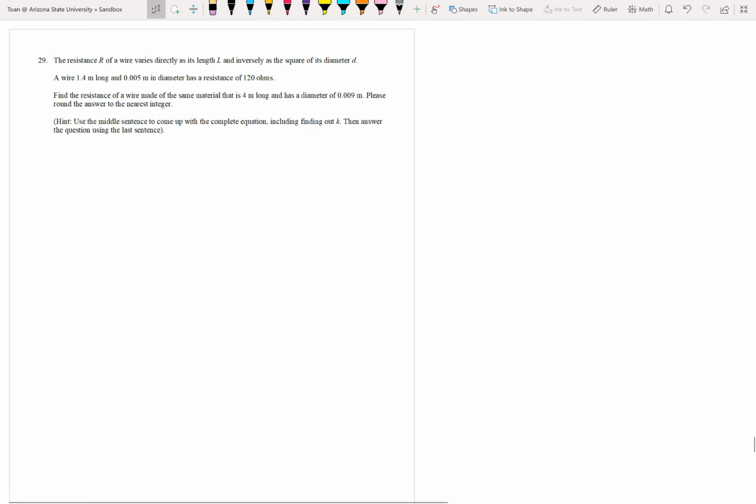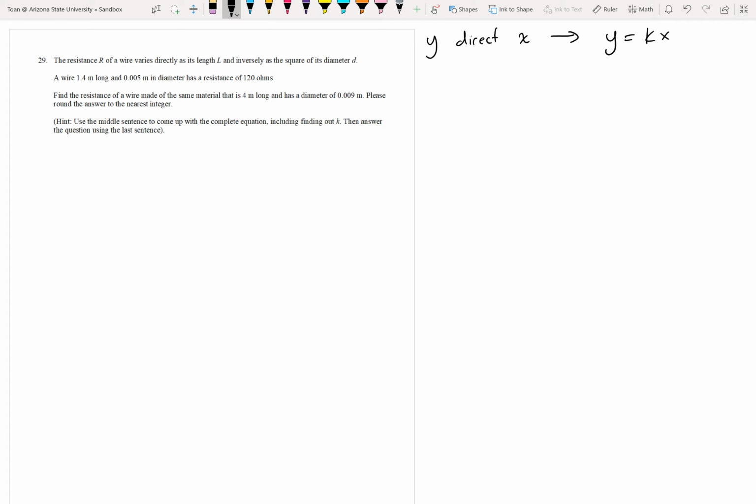Number 9 is a proportional question. And when it comes to proportionality, the key words we're trying to look for are proportional or direct or inversely. So if you read something that says y is directly or jointly or any of those words, the setup is y equals kx.